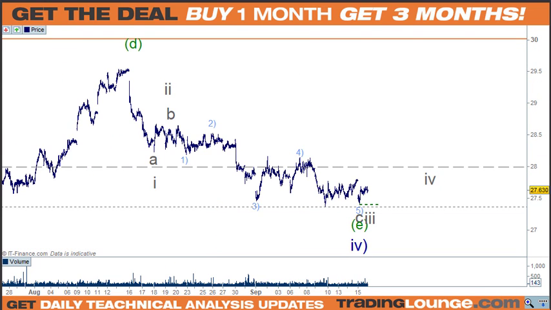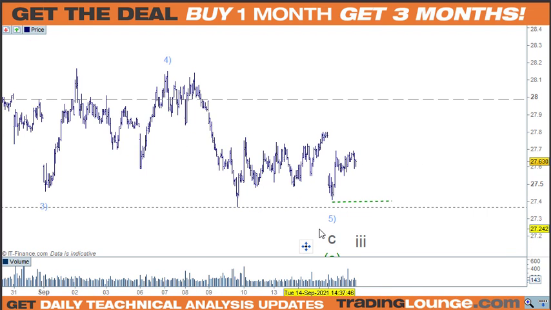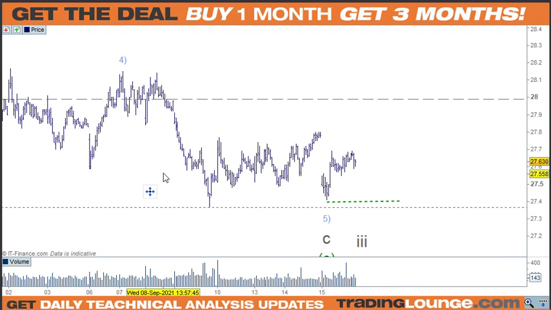So this is where we need to start monitoring it, keep an eye on it, and so we could look at this first sharp move down as wave A here. We could also look at it as wave 1 and wave 2 as well, but if we just look at it as wave A here with a wave B here, then 1 and 2 and a 5 wave move down for wave 3 and A, B, C for 4 and then down for 5 here. Now with this 5th wave here, it makes it a little bit sort of tricky.